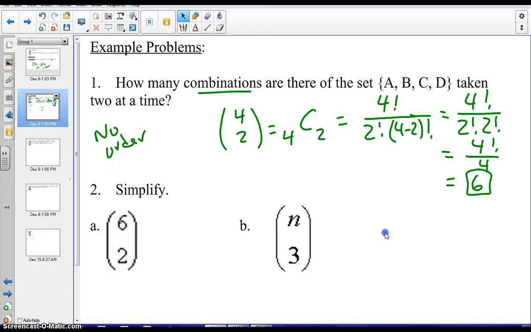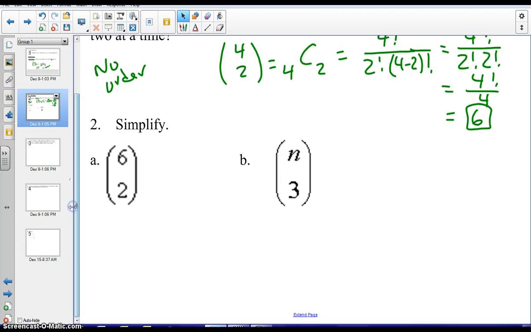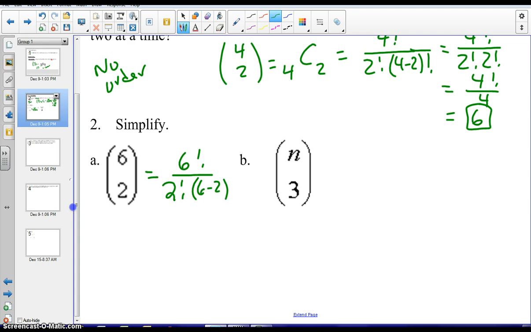On our second example, we have 6 choose 2. Again, we can practice working this out by hand. We'd have 6 factorial over 2 factorial times the quantity 6 minus 2 factorial. If we wrote out 6 factorial, we'd have 6 times 5 times 4 times 3 times 2 times 1 over 2, and then 4 factorial, which we write as 4 times 3 times 2 times 1.